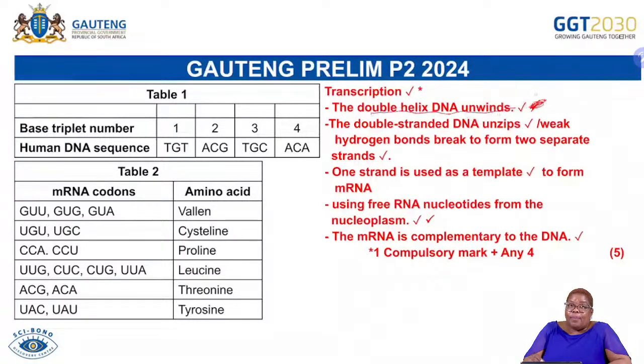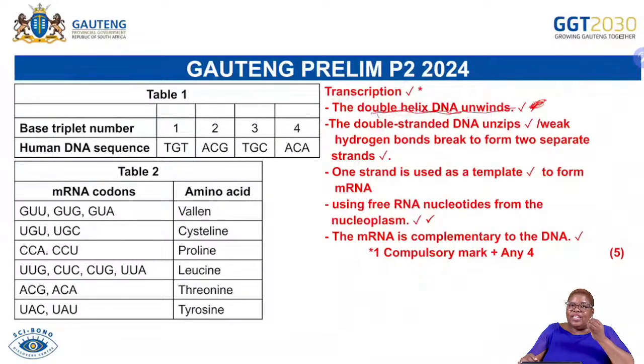So it is a double helix, as we have started with DNA, code of life. So the structure of DNA is a double helix. So for transcription to take place, the double helix DNA unwinds.